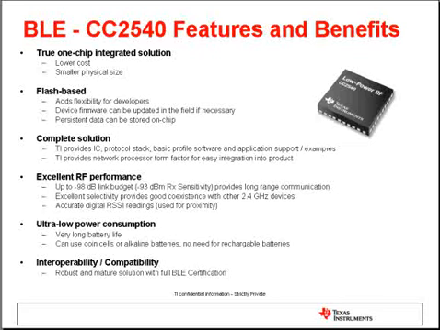The CC2540 comes with excellent RF performance, providing a link budget of up to 98 dB. In addition, accurate digital RSSI readings are available as well. The ultra-low power consumption allows for devices to run on coin cells for longer than a year depending on the application. The BLE stack is fully certified and has undergone comprehensive testing against dual mode as well as other single mode devices.